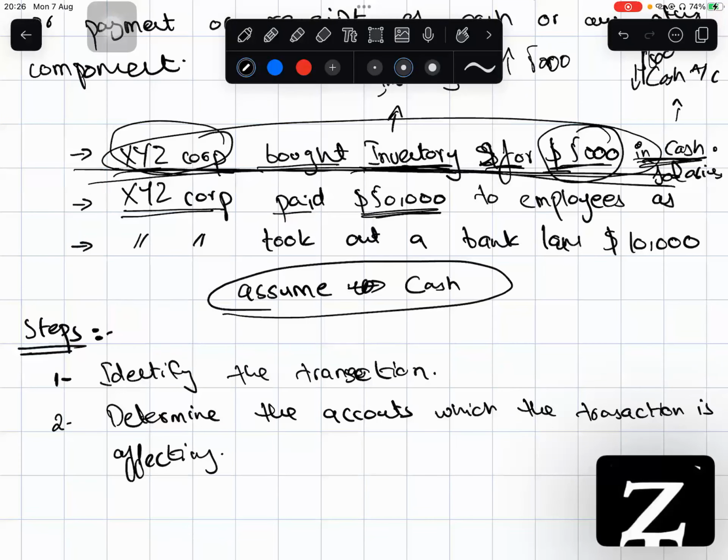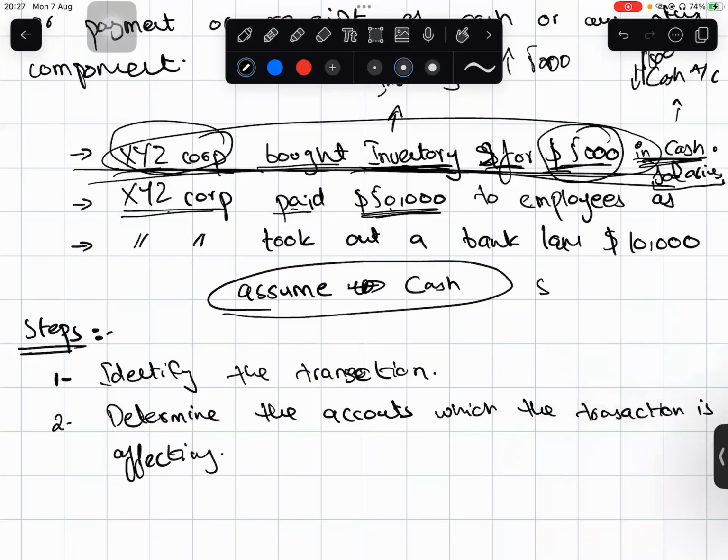Now, for example, this second one, XYZ Corp paid $50,000 to employees as salaries. Now you see this word salaries, this means it will definitely have an account. The salary account. So when you're paying $50,000 to employees as salaries, salary is an expense, right? So for example, your salary account was at zero, but now you have paid $50,000 into the salary account.